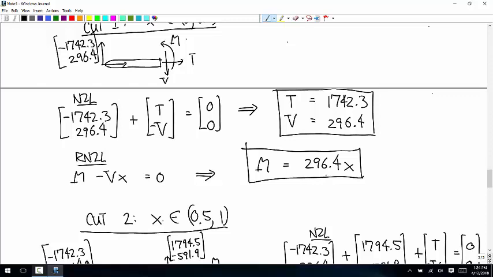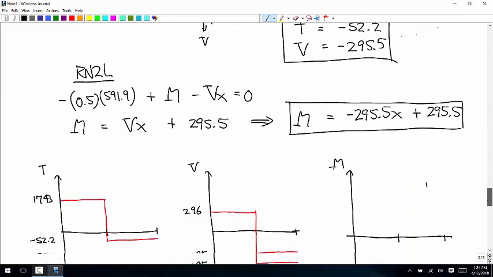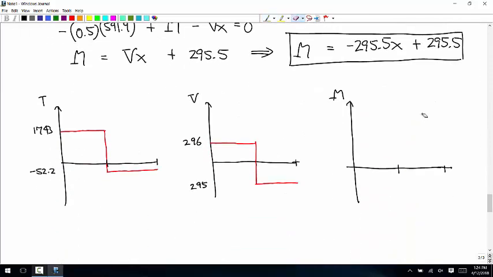So that goes to 148.2, so it'll go something like this. And then the second one, if you ignore round off error, it basically goes just like that.